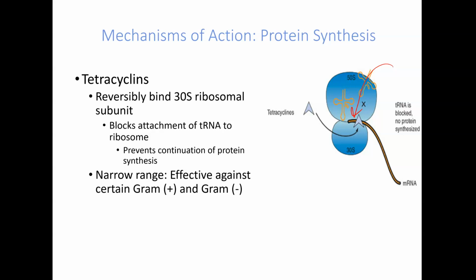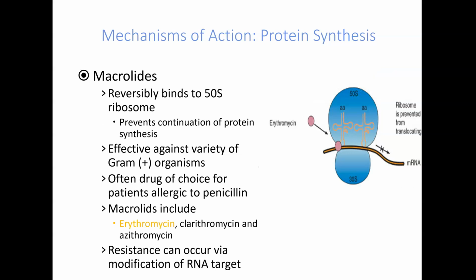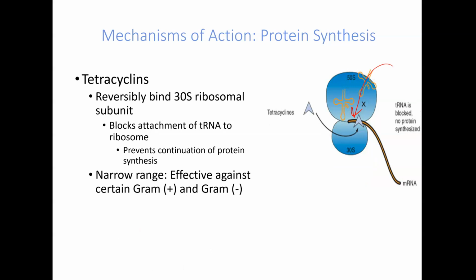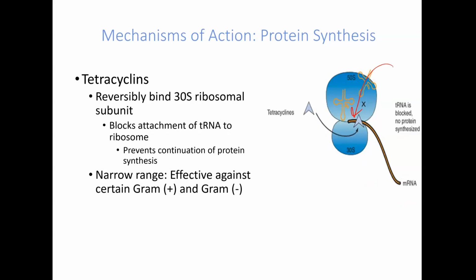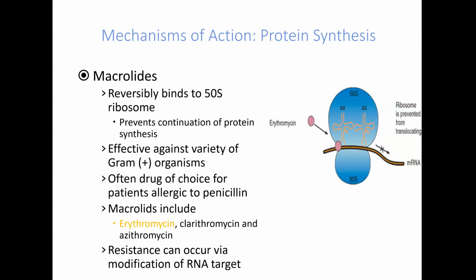The problem with tetracycline is that it is only effective against certain gram positives and gram negatives. So it's a narrow spectrum antibiotic. The last ones are the macrolides. These bind to the 50S. So in contrast to the aminoglycosides and the tetracyclines, these bind to the 50S subunit, and they prevent elongation of the polypeptide as well.